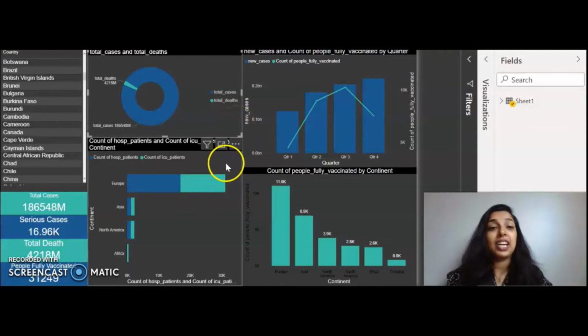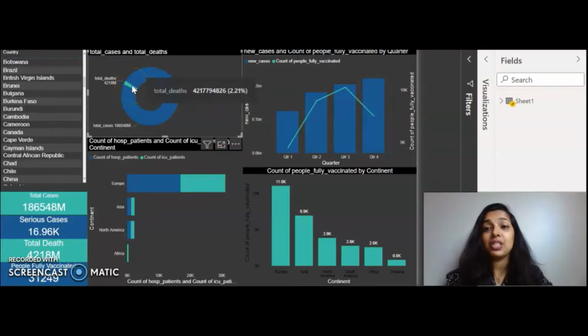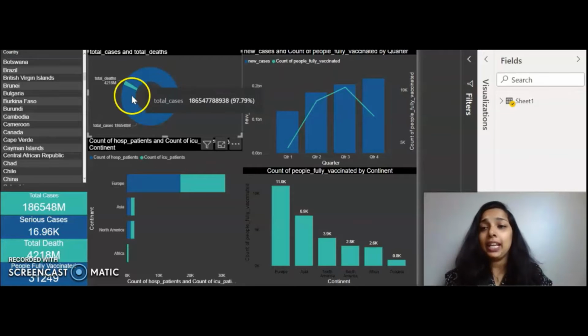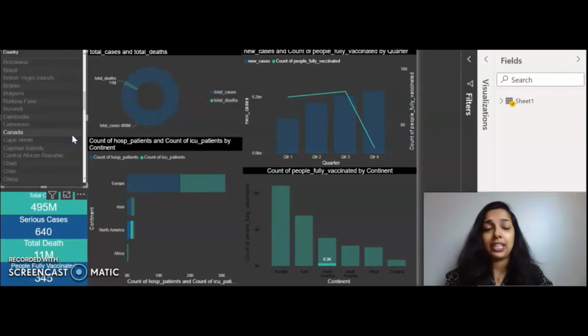Let's start with the donut chart. Here we could see that the total percentage of death was 2.21 percentage, and the total case percentage was 97.79 percentage, that is around 1,86,548 million. Now let's look specifically at the number of total deaths and cases for Canada.